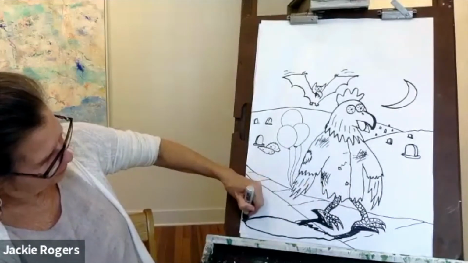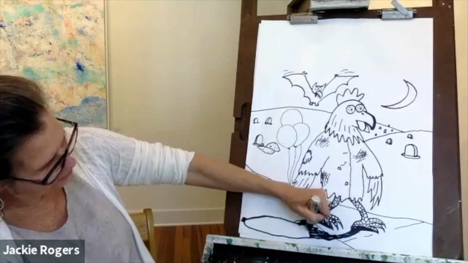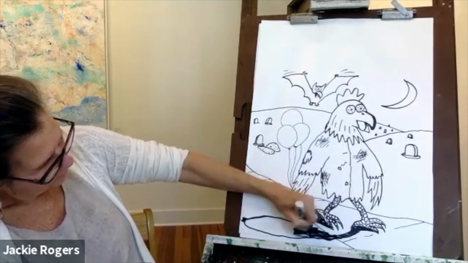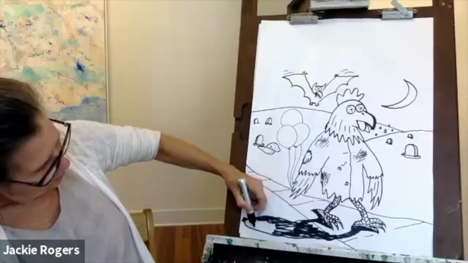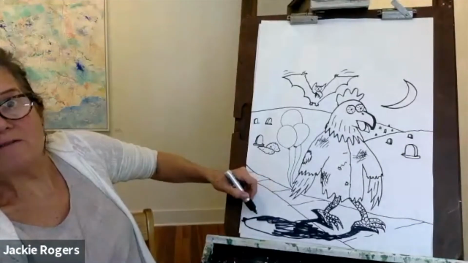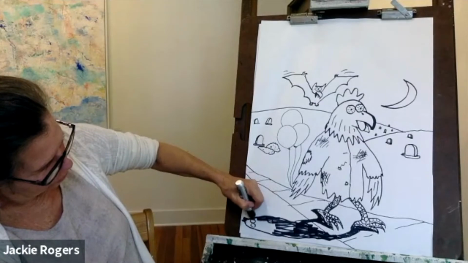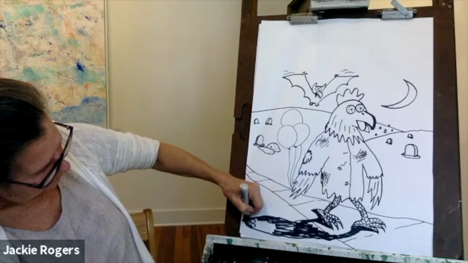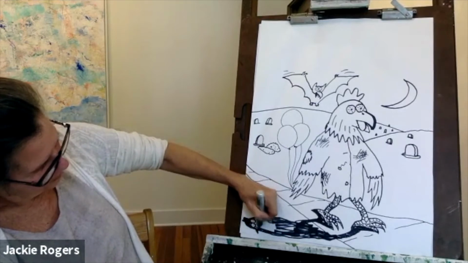Well, maybe I could show his comb up on top, and then you can just color all that in dark. So if the shadow comes alive, let's make zombie eyes on the shadow. Ooh. There's his beak.